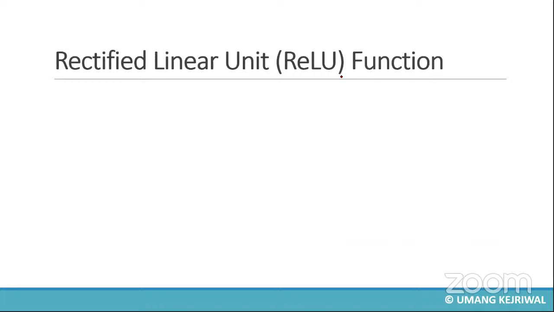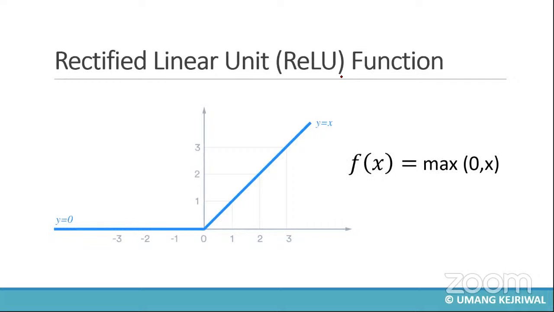ReLU. This ReLU function we basically prefer to use in the hidden layer because the accuracy after using the ReLU function is good. And what does the ReLU function do? This is the equation for the ReLU function, max of 0, x. That means out of 0 and x, it will give you the maximum number.